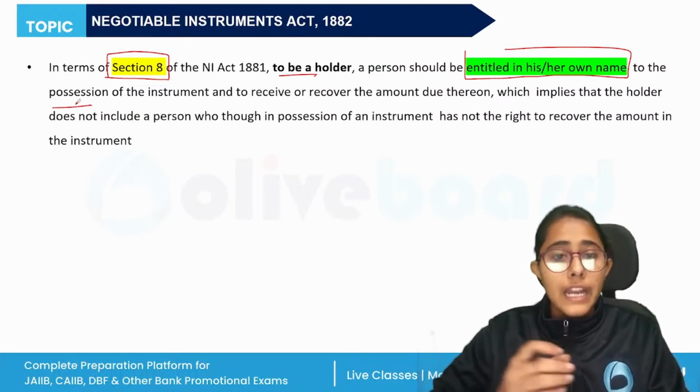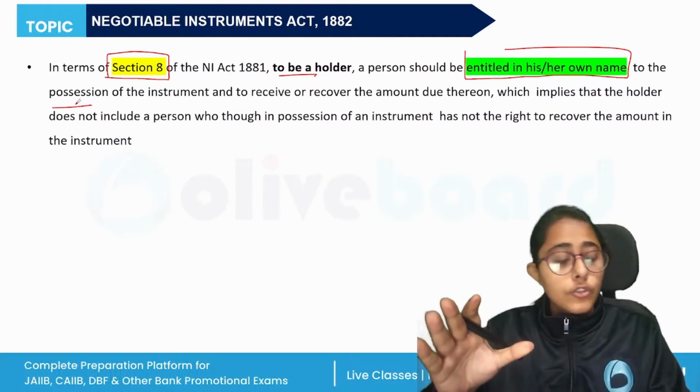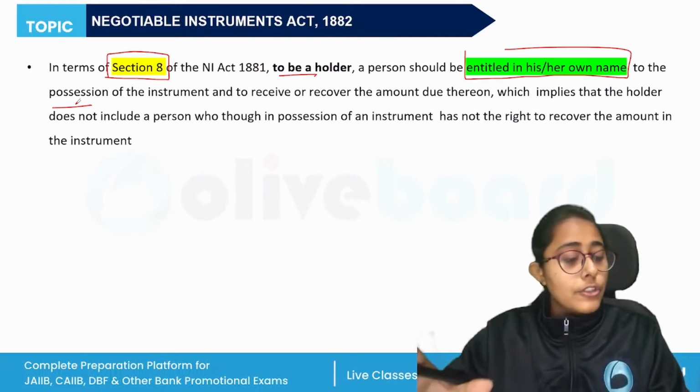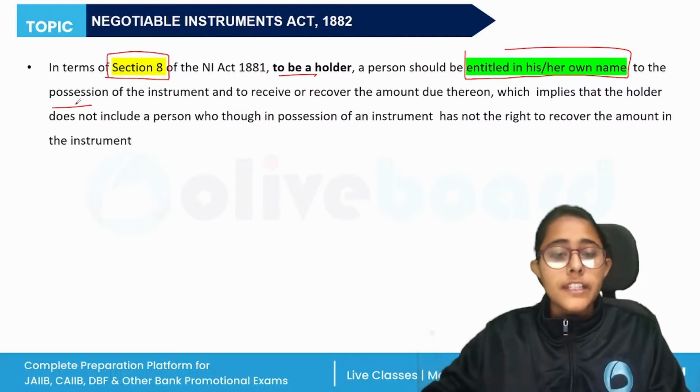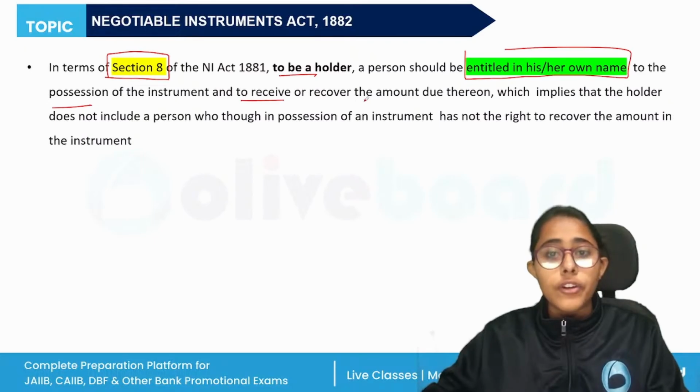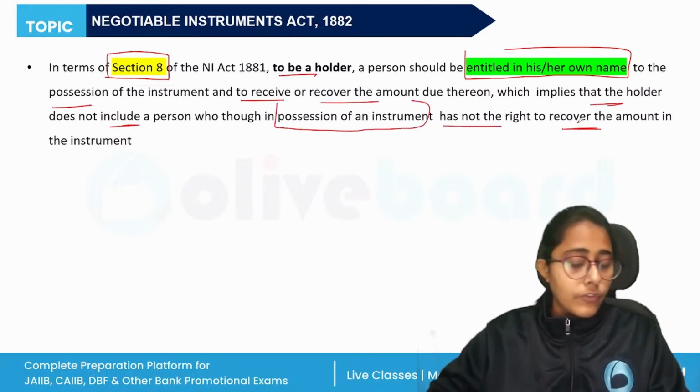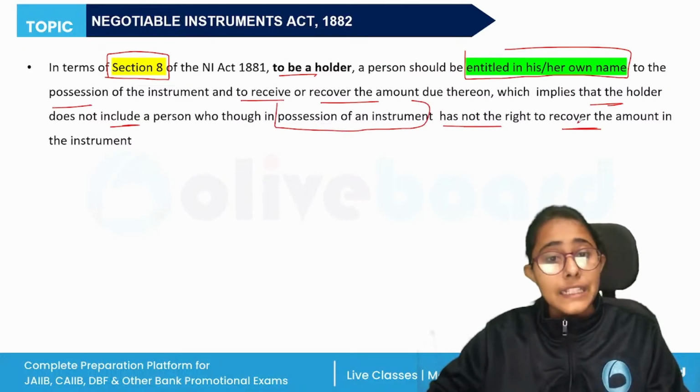All right, so as the holder, the instrument should be in your name, you should be entitled to the possession of the instrument or to receive or recover the amount, which implies that the holder does not include a person who, through possession of the instrument, has not the right to recover the amount of the instrument. So you should be entitled to the instrument, right? This is given in section 8 of the NI Act.